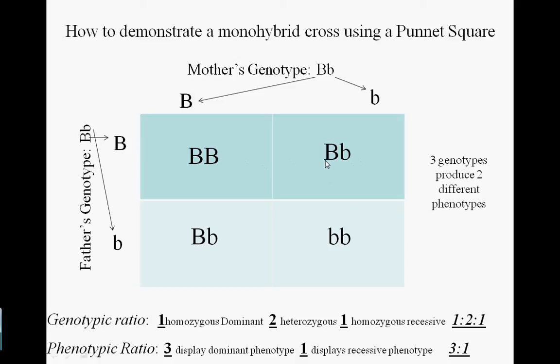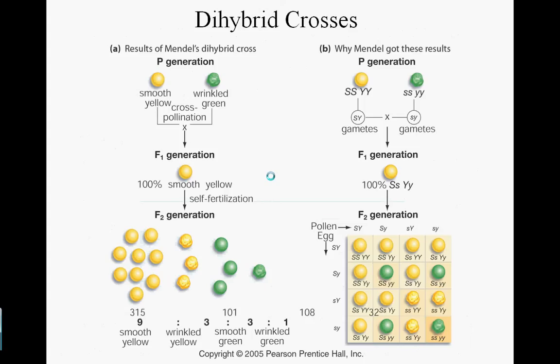So if you just know the phenotype and don't know the genotype, you don't know if they display the dominant phenotype, whether they're heterozygous or homozygous dominant for that genotype. And so you have the 3 different genotypes. They produce 2 phenotypes. So that's one thing to know.